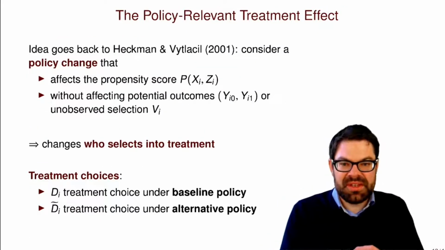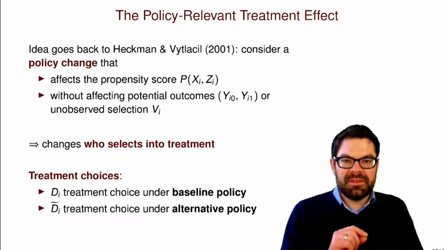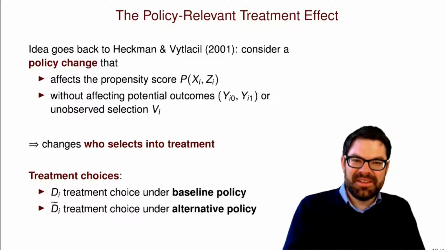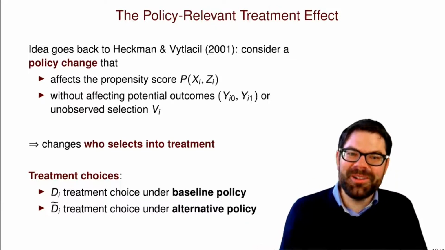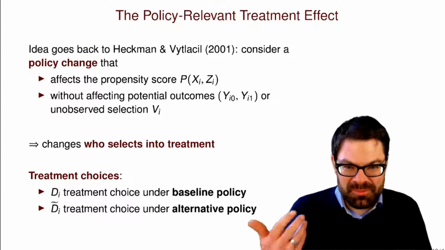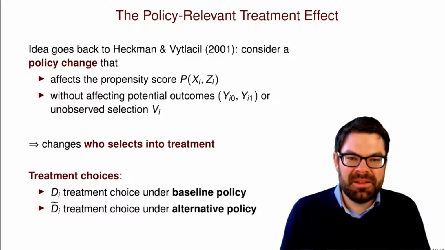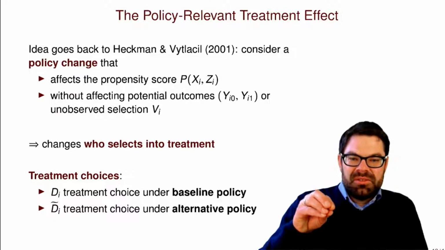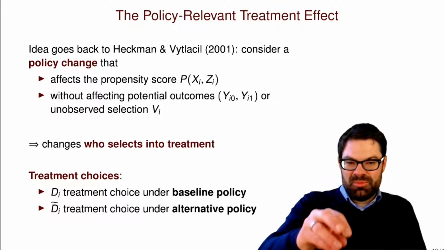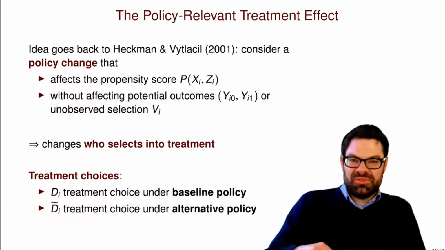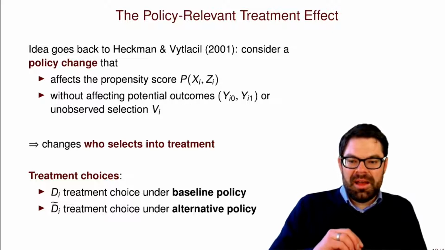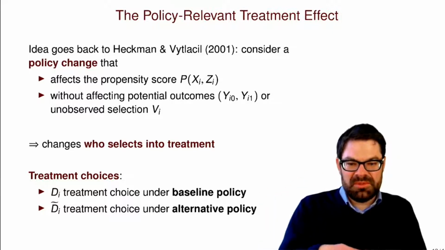So what can we do instead? We can look at a treatment effect that is policy relevant. And guess what it's called? It's called a policy relevant treatment effect. The idea here, it goes back to Heckman and Vytlacil, is to think about a policy change that then affects the propensity of people to take the treatment and changes who selects into treatment.